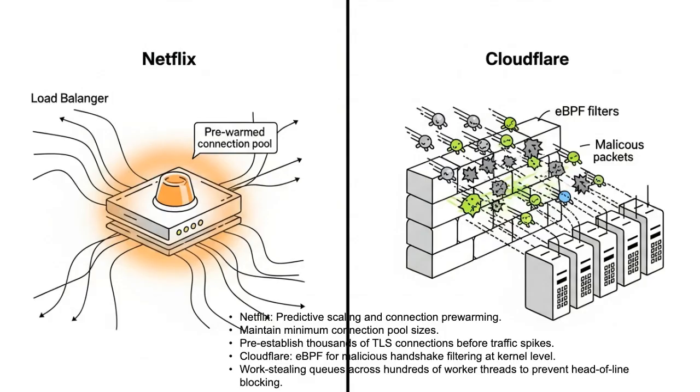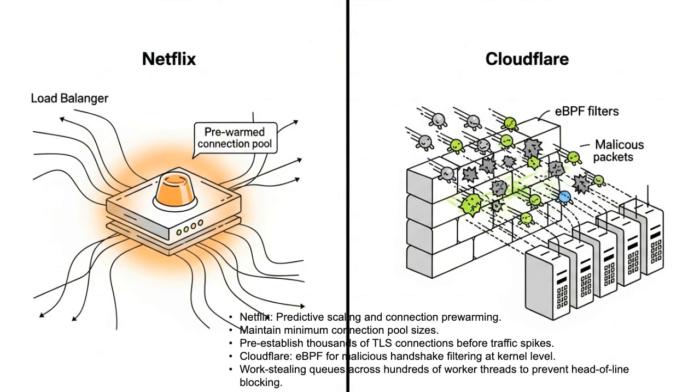The biggest technology companies have encountered and meticulously engineered solutions for these challenges, offering invaluable insights. Consider Netflix, a titan of streaming that experiences massive, predictable traffic spikes, especially during new show releases. They've learned to maintain minimum connection pool sizes even during periods of low traffic, ensuring a baseline of established connections.